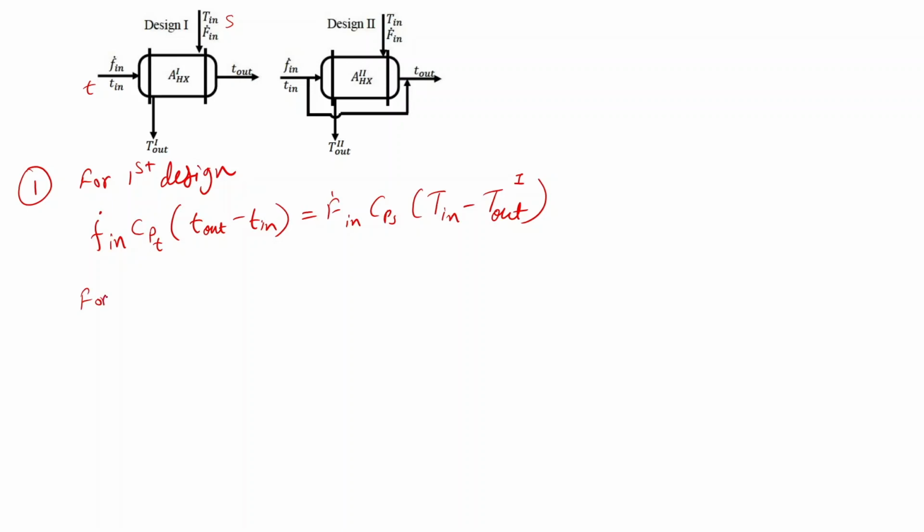Similarly, I will write this for the second design. Here the flow rate and the other parameters for both these heat exchanger designs were given as constants. I will just replace them as the same. The inlet and outlet temperatures T in and T out are the same as the previous one.